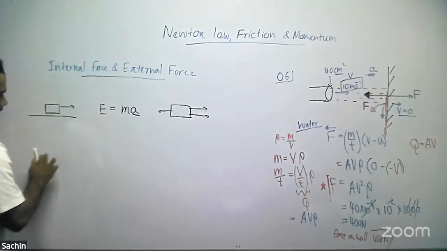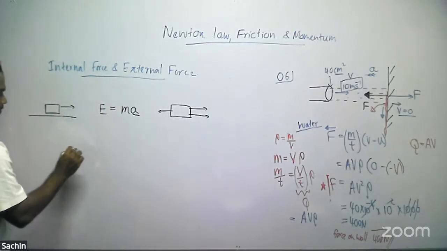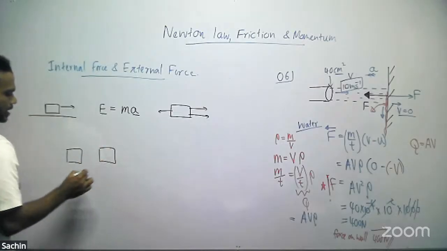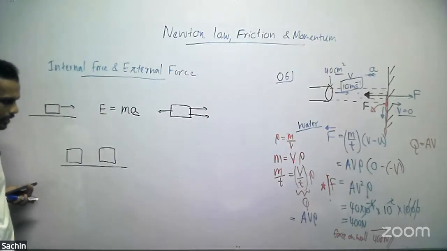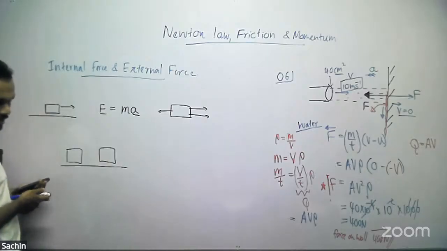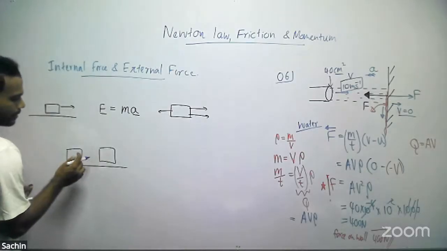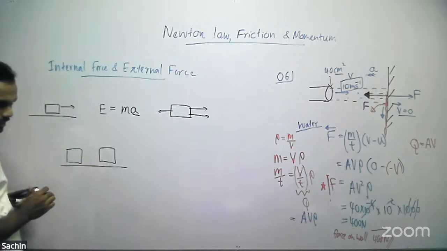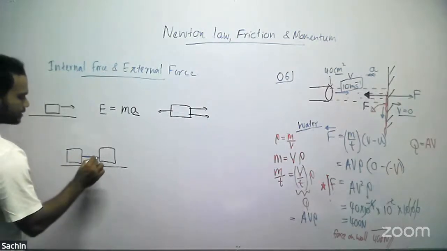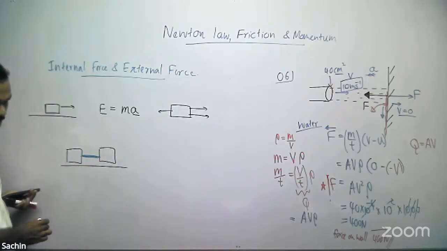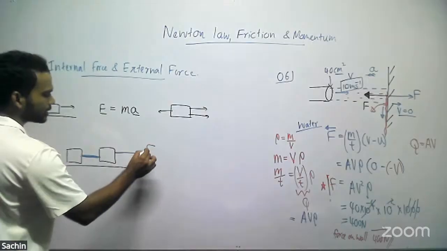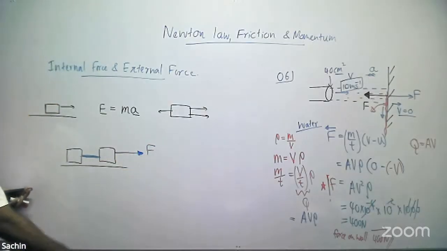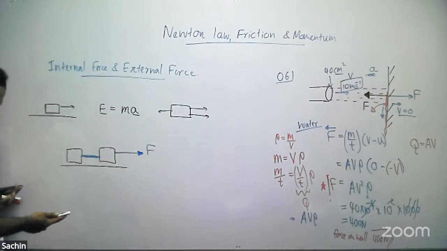Consider the case in some problems where there are multiple masses to be considered. When there are multiple masses, the force diagram will be somewhat complex. Let's say these two masses are connected with a string like this, and some force is pulling the forward mass in this direction.